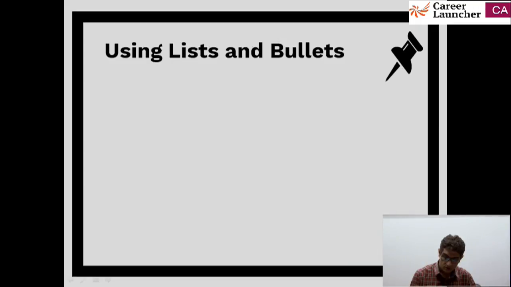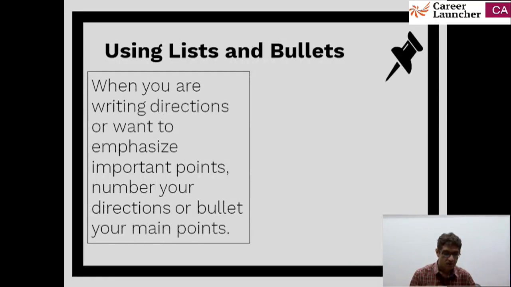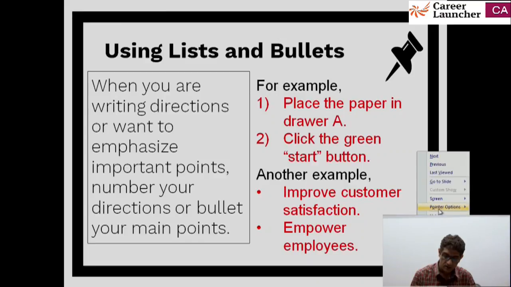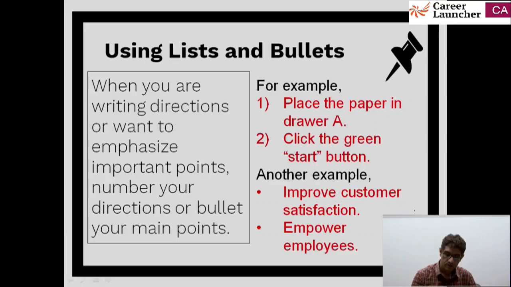So, the question is, if you are writing, say, directions, you want to emphasize, you can use list itemization, remember, or bullet points. See. So, in the first case, we are using a list: step 1, step 2.